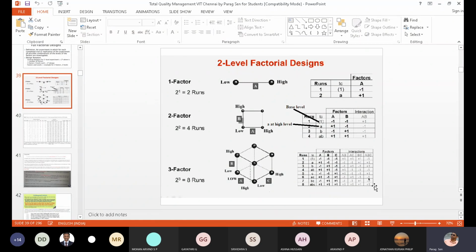The interactions you cannot set. But in case of the results, suppose you are doing ANOVA or analysis of variance or any kind of statistical analysis, when the results are generated, the interaction effects will also be given, and you can simply analyze them. So you don't need to worry about how to select or how to develop the design matrix.